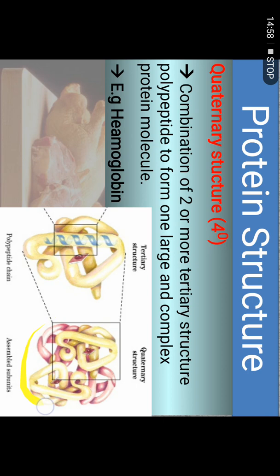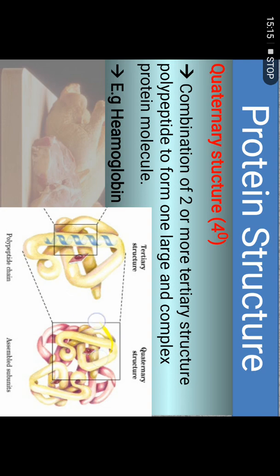Now from this one hemoglobin I can see four tertiary structures here. You zoom out, you can see one, two, three, and then four. Two are yellow, another two are pink. So from the four tertiary structures, they make one functional structure. We call it the quaternary structure.